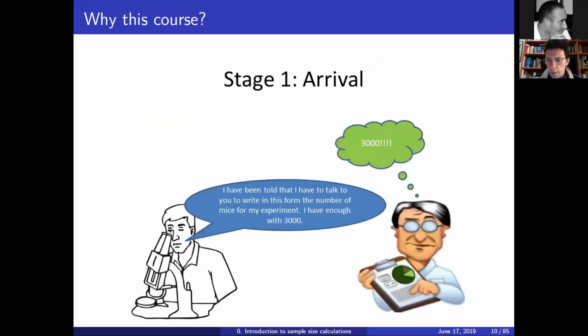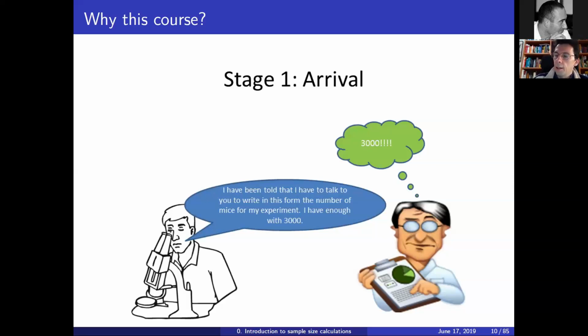Okay, so as Rafael said, I'm part of the ethical committee, and then probably the legislation, the law in your countries is similar. So before doing an experiment, you have to make an application describing your experiment, and part of the application is how many animals you will use, and you have to justify how many animals you will use.